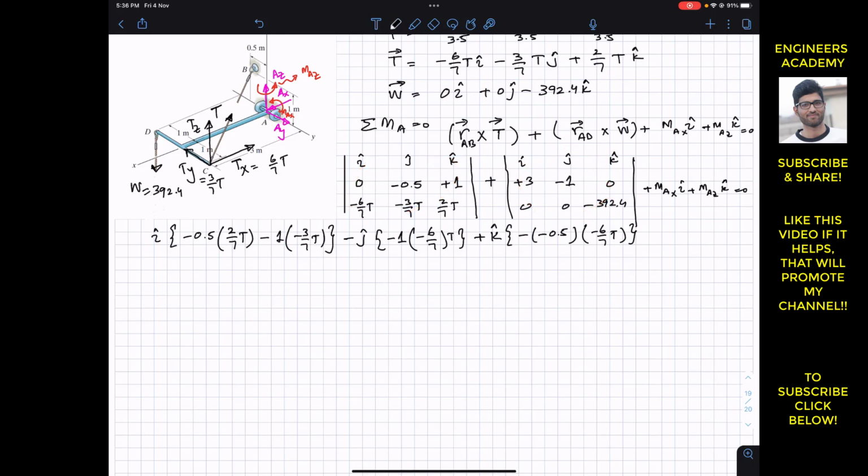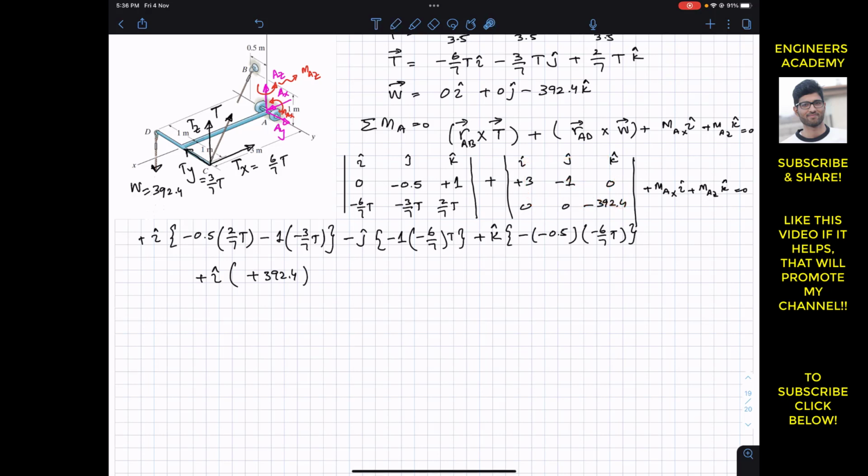So for that again, this is plus i, and for i we have to hide this row and this column, so minus 1 into this, so plus 392.4 minus 0. So this is plus 392.4 i.